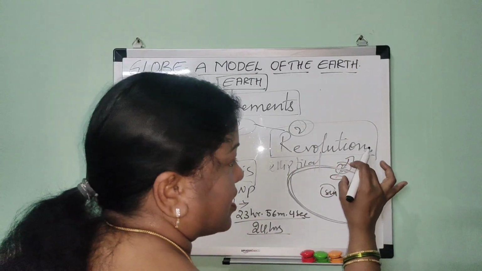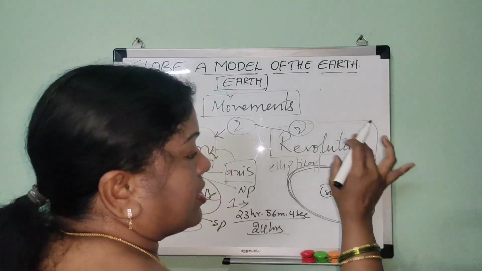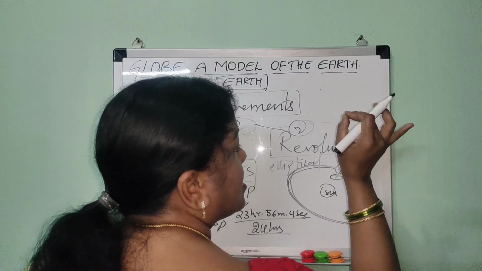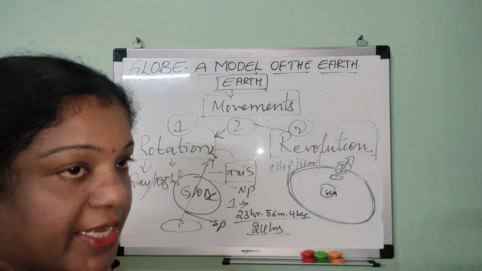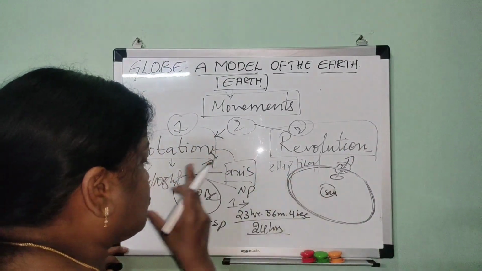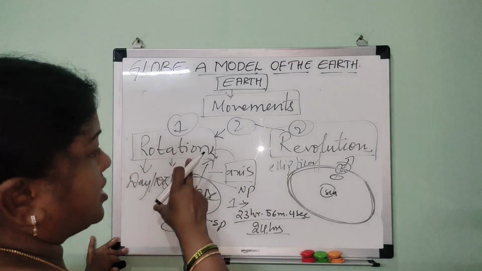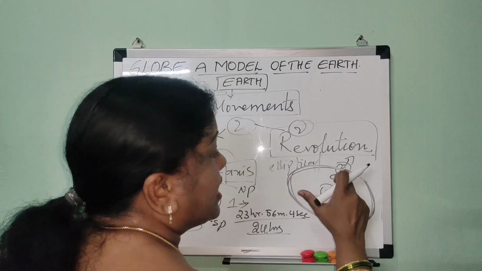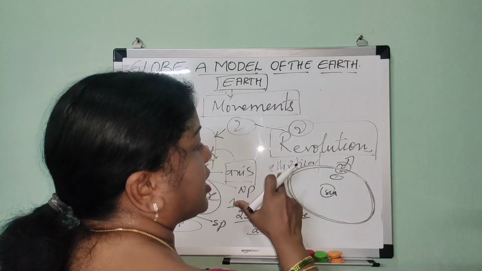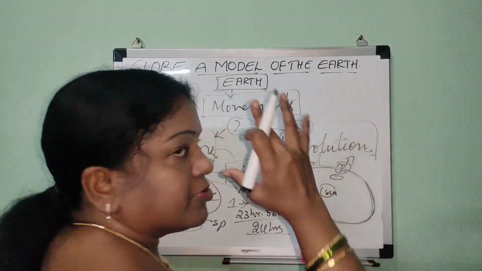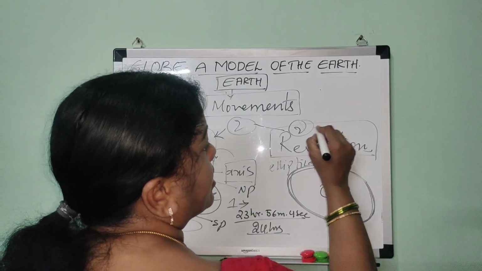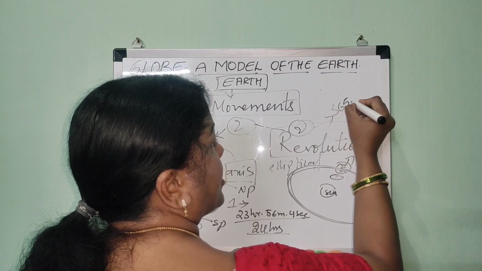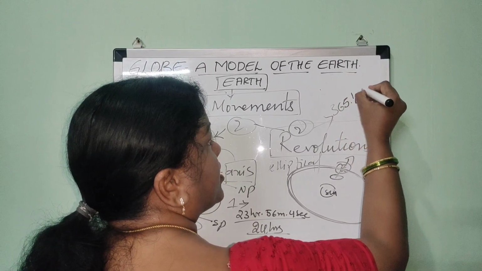The movement of the earth along with the rotation around the sun is defined as revolution. When it is moving on its own axis, it is rotation. Along with the rotation, when it is moving around the sun in its own elliptical orbit, it is considered as revolution. What is the time taken to complete one revolution here? Yes, 365 days, 1/4 of the day.